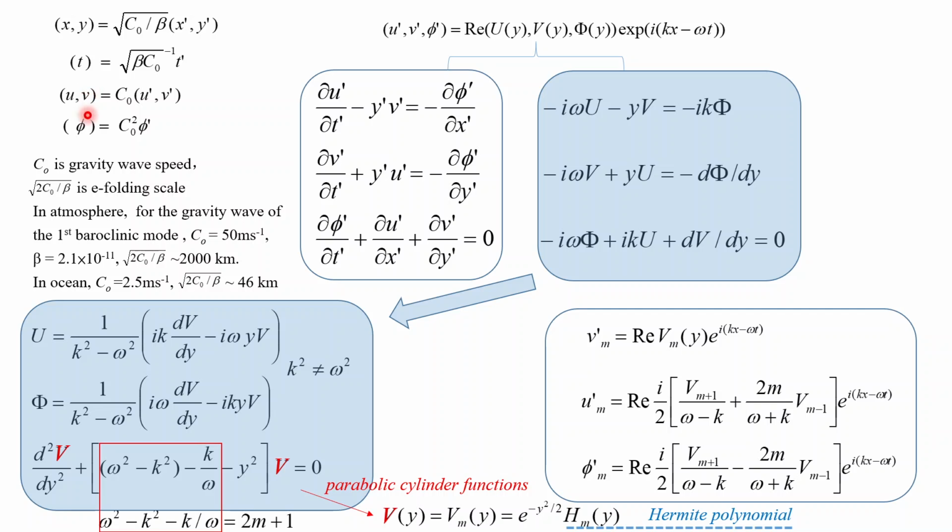By using this characteristic length scale and time scale, you can non-dimensionalize the shallow water equations into this set of non-dimensional form. Then you can assume the solution of the variables as sinusoidal and propagating in the zonal direction, and in the meridional direction, because we don't know how the meridional structure will be at this stage, we simply assume they are a function of y only.